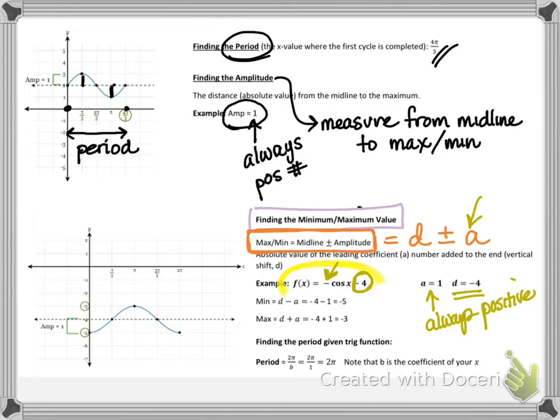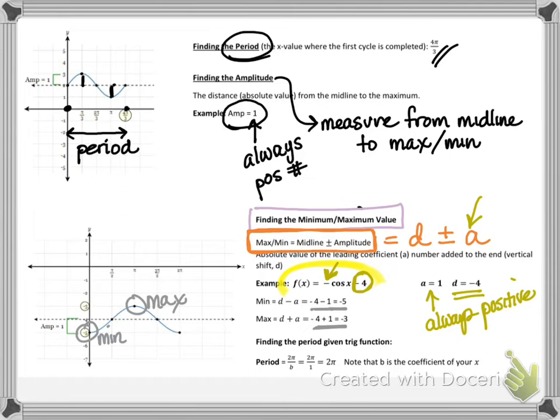D minus A was -4 minus 1, which gave you -5, or -4 plus 1 that gave you -3. And you could see, here was your -3, that's your maximum, and -5 is your minimum.